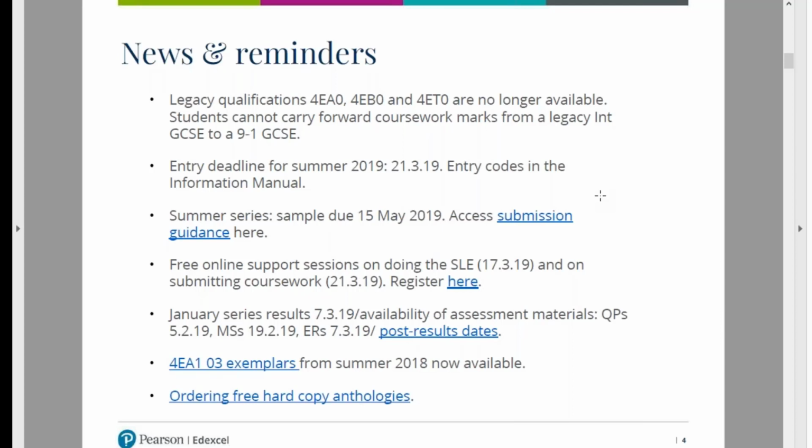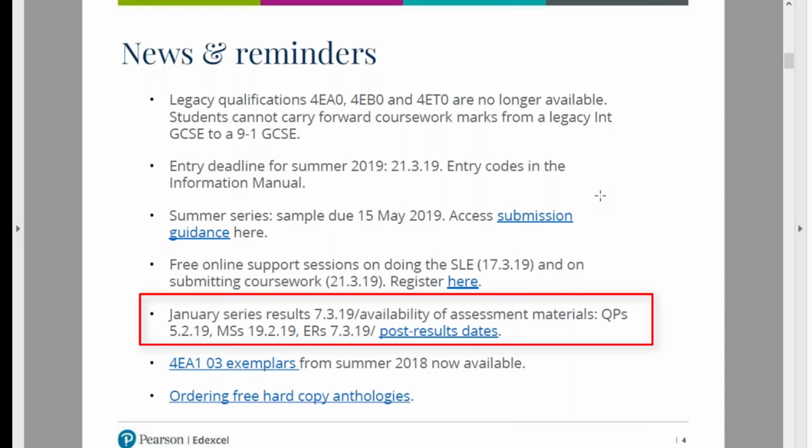If you had candidates sitting in January, then the results day is on the 7th of March. And I've just put in this bullet here when the assessment materials will be on the website and the dates when you can make post-results requests.